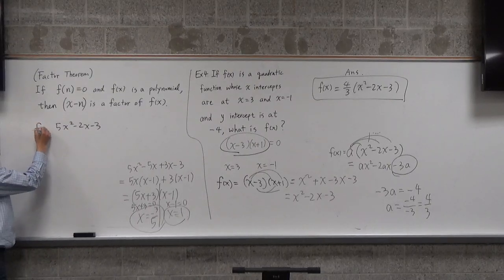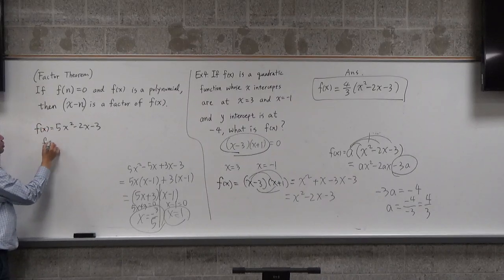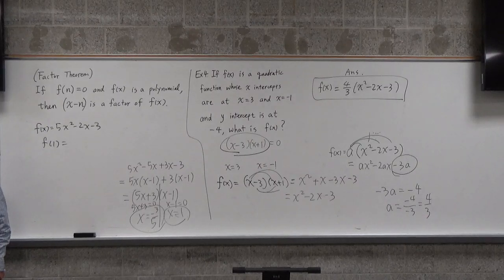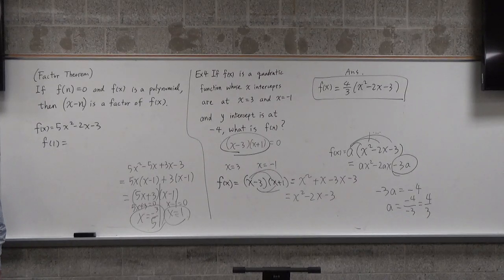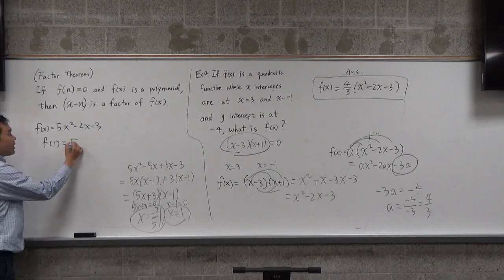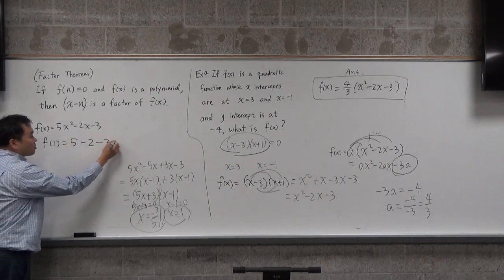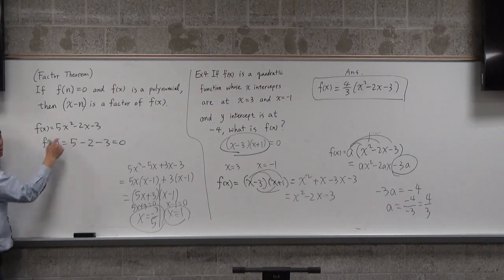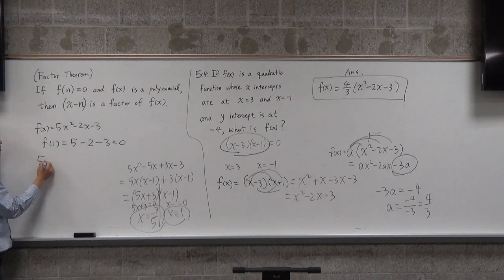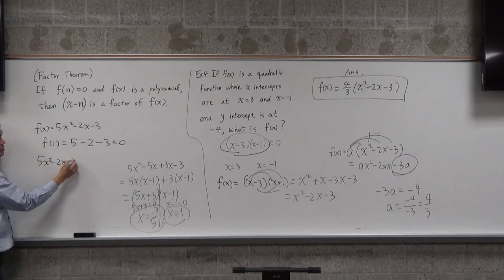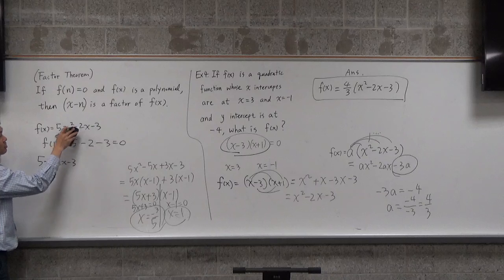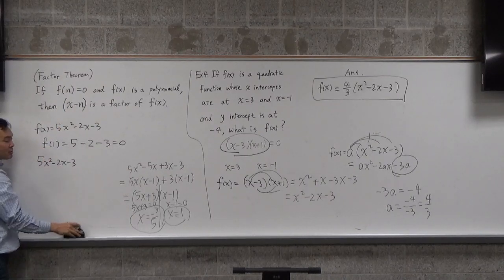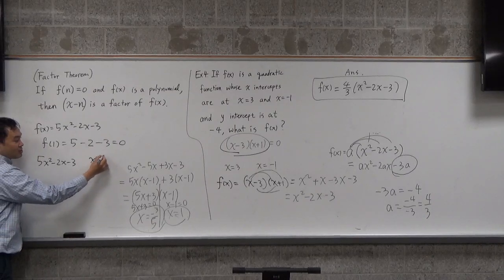What's f of 1? f of 1 is 0, right? You have 5 minus 2 minus 3 equals 0. So according to the factor theorem, the factor of this polynomial is x minus n, where n is 1. So x minus 1 is a factor, right?